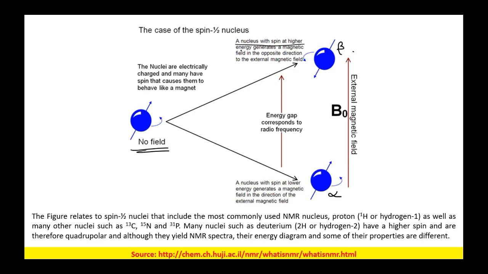A nucleus with spin at higher energy generates a magnetic field in the opposite direction to the external magnetic field, and in the alpha state, a nucleus with spin at lower energy generates a magnetic field in the direction of the external magnetic field. The figure relates to spin half nuclei that include the most commonly used NMR nucleus, the proton, H1, proton NMR, as well as many other nuclei such as C13, N15 and P31.